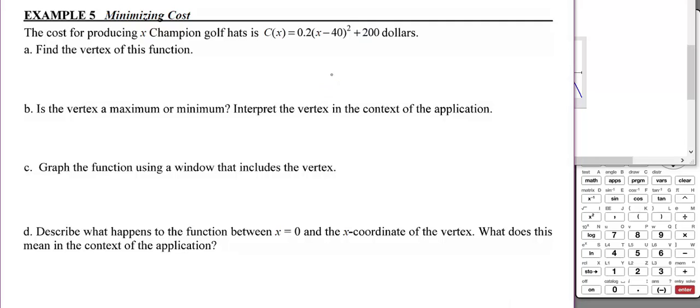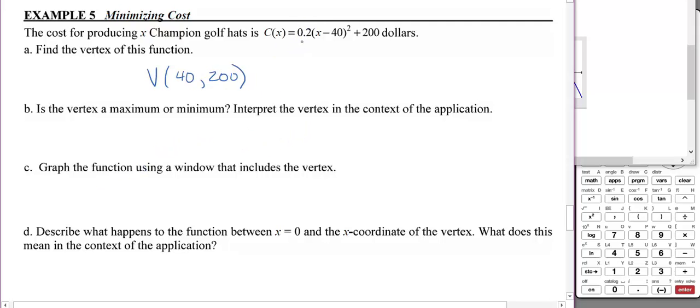And we are to find the vertex of the function. It's in vertex form, so we just look at it and know that the x part is 40 and the y part is 200.